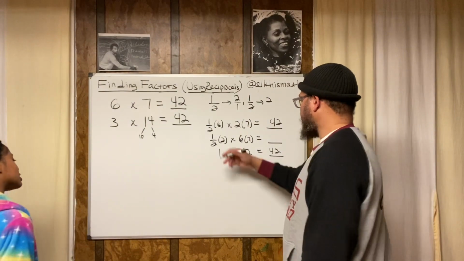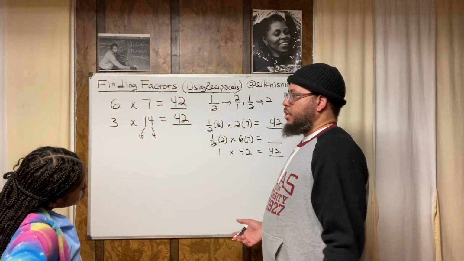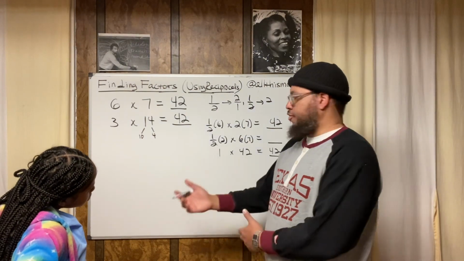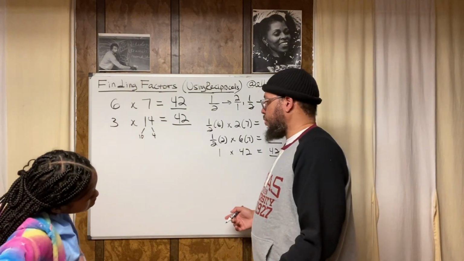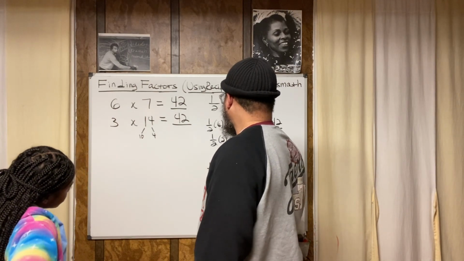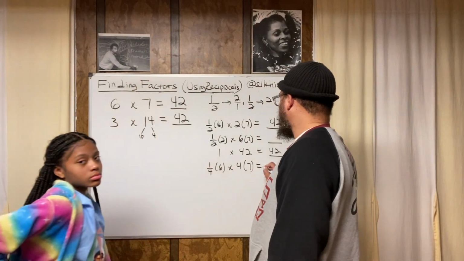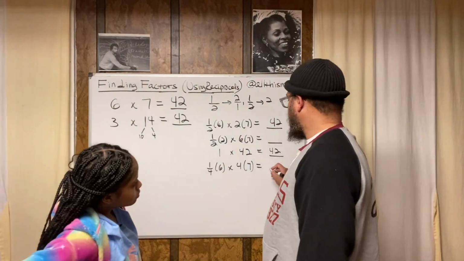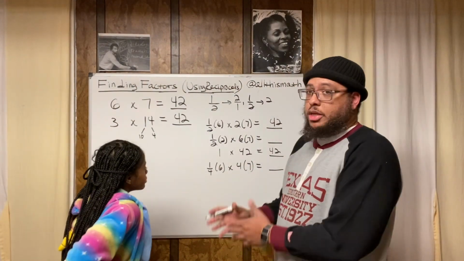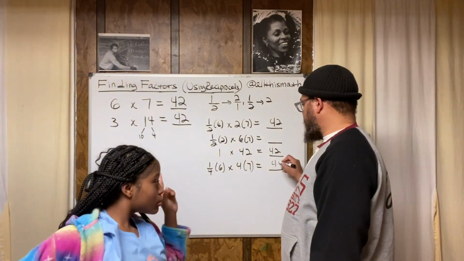And this will work with any pair of reciprocals. What if I did 1/4 and 4? 1/4 and 4 are reciprocals. So what if I did 1/4 of 6 times 4 times 7? What's that going to be? According to this rule, if we believe in it, we should still get 42.